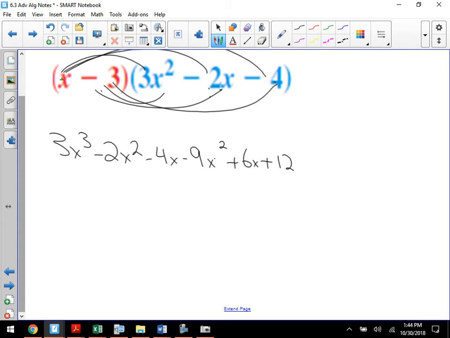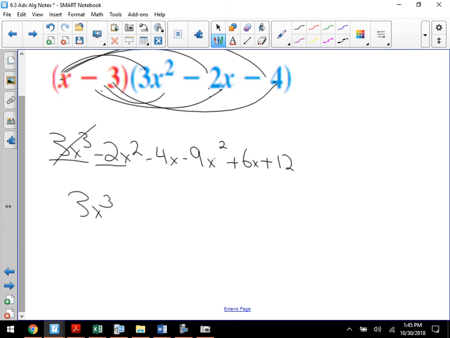And another thing that I always like to do with these is I always like to mark off the ones that I've worked with and cross them off so I don't double count something. Because not always is it just going to be 4 terms. It might be 7. So you have to be careful how many you wind up with. I underlined the first one. We have 3x cubed. Cross it off because I took care of it.